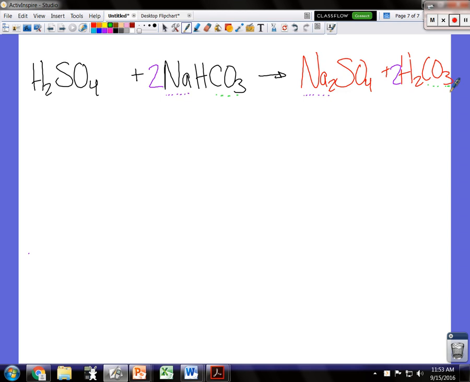On the other side, 2 times 2 is 4. All right, S, 1S, 1S. Oxygens. Now I've got 4 plus 6 is 10. On the other side, 4 plus 6 is 10. Carbon, 2 and 2, and sodium is 2 and 2. So everything balances.